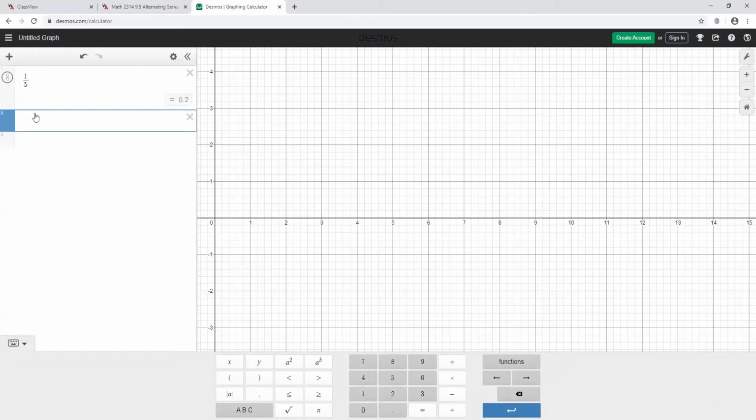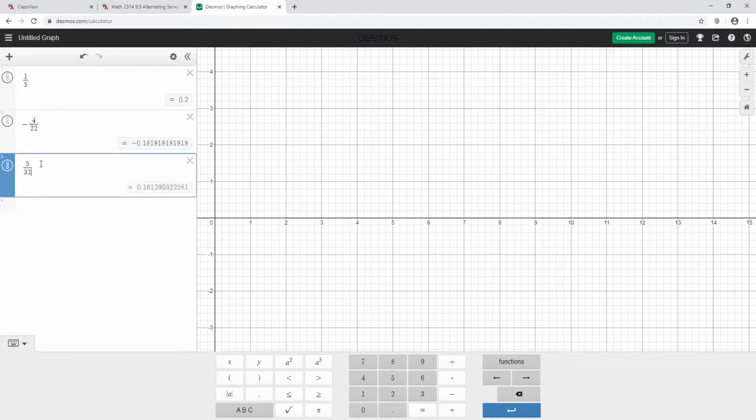We had, well, it was negative, and then positive 1/5. And then we had negative 4 over 22, which was 2/11, and that's that. It's getting smaller. The next one was positive 5 over 31, and that's smaller yet.